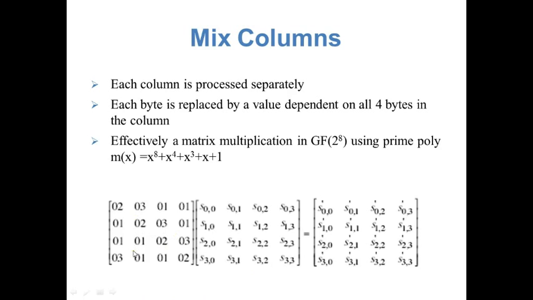Each byte of a column is mapped into a new value that is a function of all 4 bytes in the column. It is a substitution that makes use of the arithmetic over GF of 2 power 8.